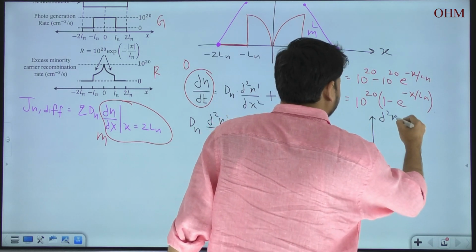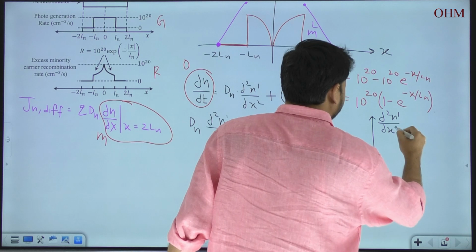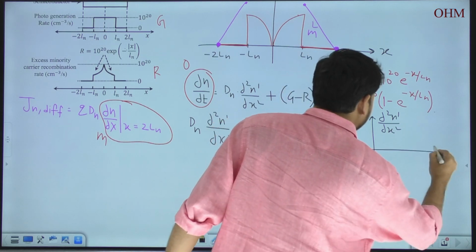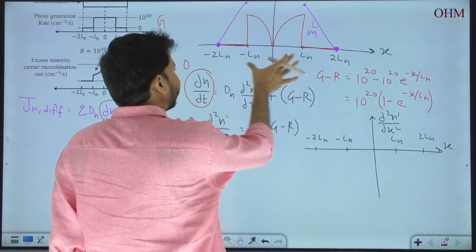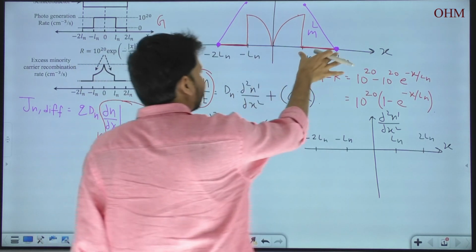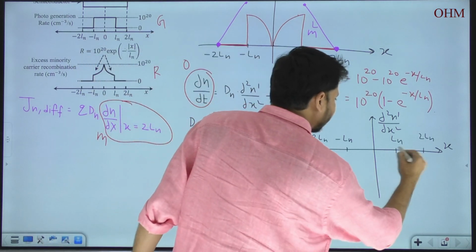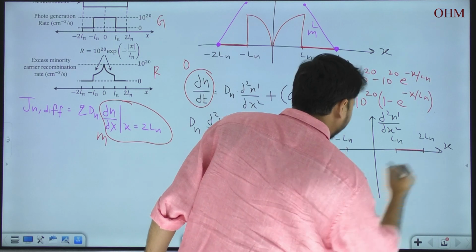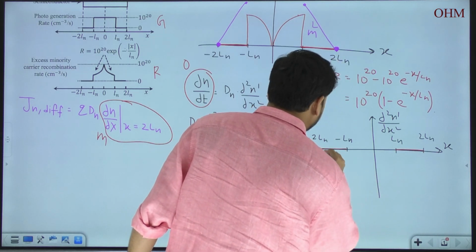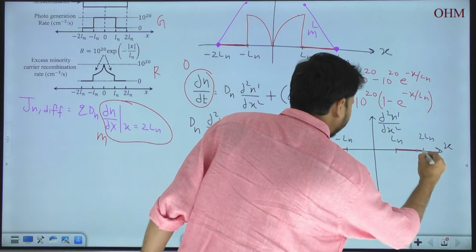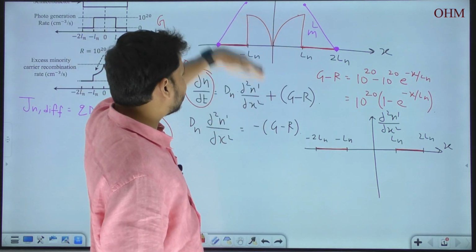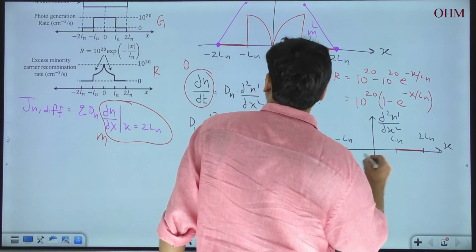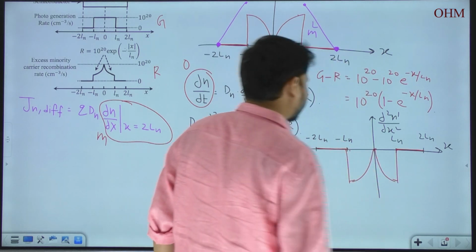Outside minus Ln to plus Ln, G minus R is 0, so even minus of G minus R is 0. So here and here it is going to be 0. And then for these two sections, just invert them, and you will get something of this sort.